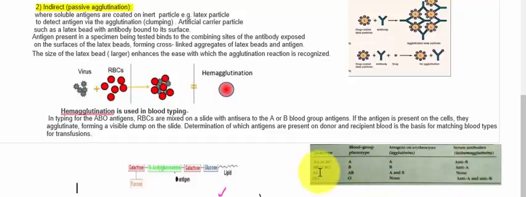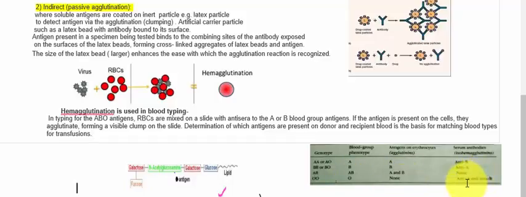In case of the AB blood group, the phenotype is AB. Both A antigen and B antigen are present, and there are no antibodies present. Next, for O, the phenotype is O. No antigens are present.